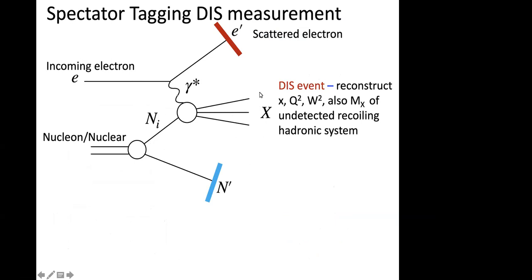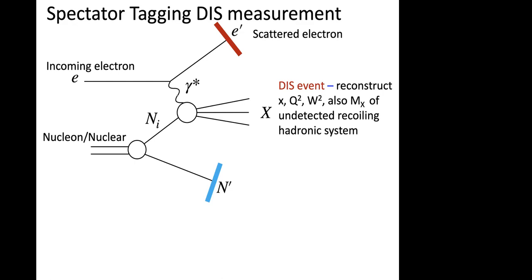The first step, we detect the scattered electron in order to select the DIS event. To select the DIS event, we need to put some conditions on the kinematic variables Q squared and W. But that is the first step, to select the DIS event only.